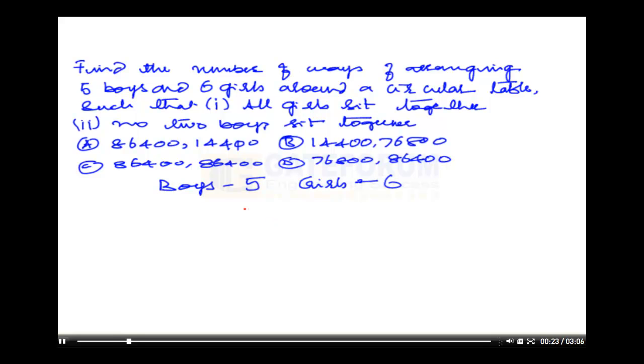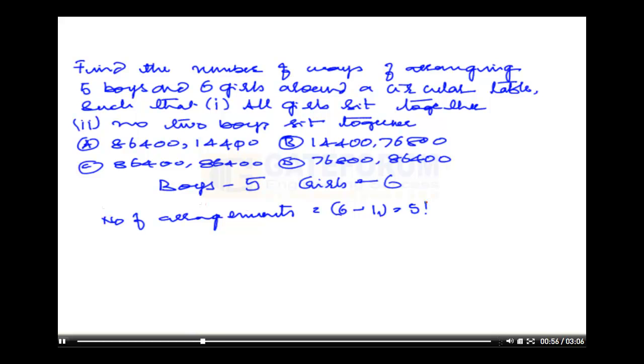So all these 5 boys and 6 girls as 1, that is a total of 6 people, can be arranged around a circular table in 6 minus 1, that is 5 factorial ways.